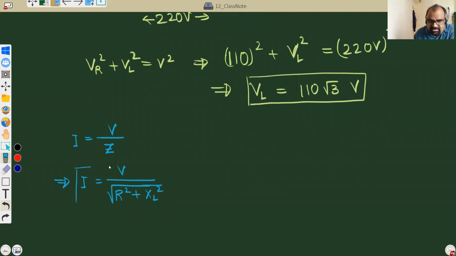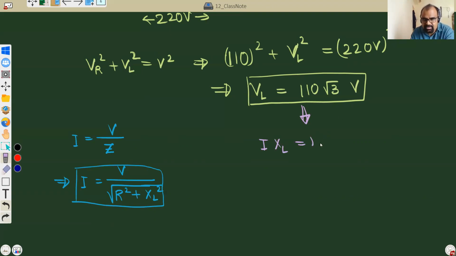Okay, this is current. Now from here, I can also say that I into XL is equal to 110 into root 3. Now let's get the value of I from here to here.